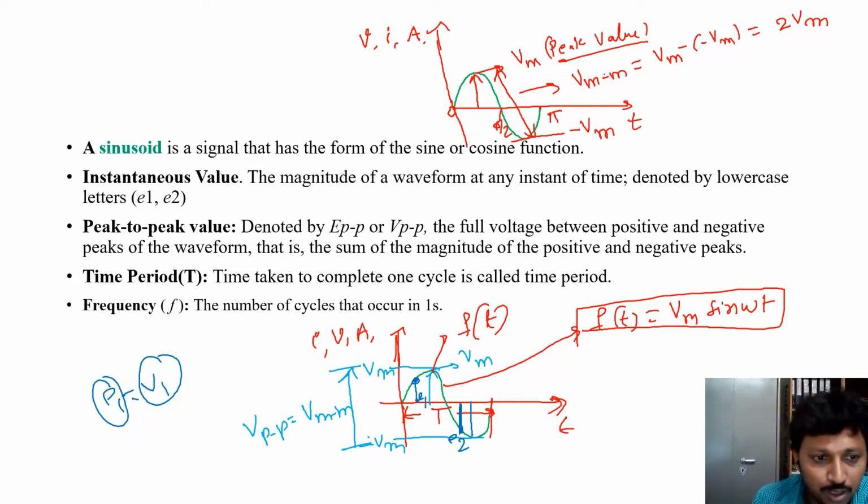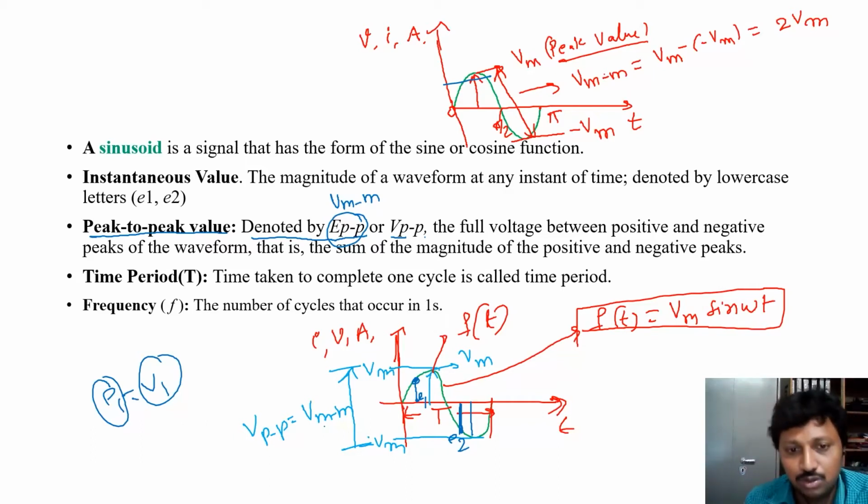Peak to peak, already explained here. The peak to peak is denoted by E P2P or V peak to peak. I have just mentioned here Vm, from the maximum negative peak to the maximum positive peak.